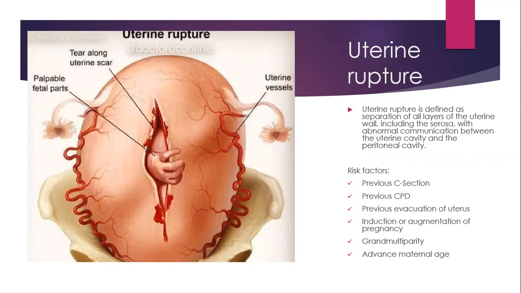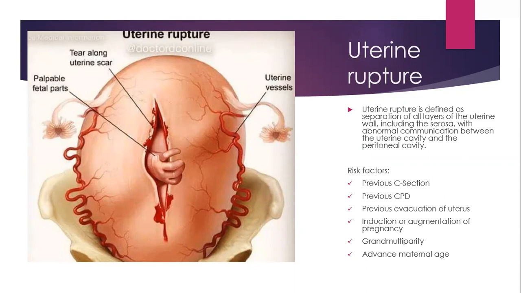Risk factors for a uterine rupture would be your previous C-section, especially if there's a classical scar. The classical scar, even if it's classical on the skin, doesn't mean it's classical on the uterus. But if there is a classical scar on the uterus, it is a very high risk for uterine rupture.